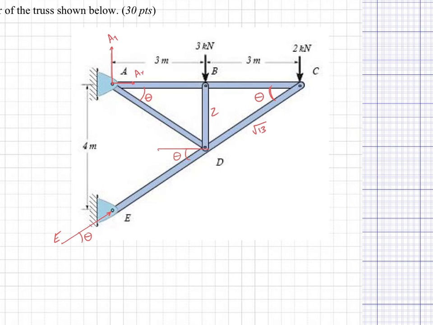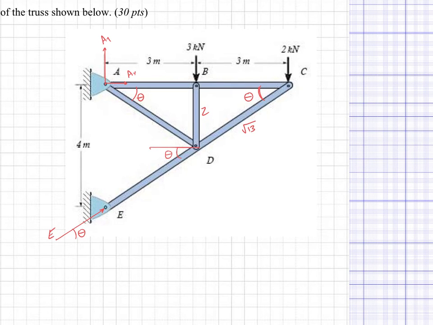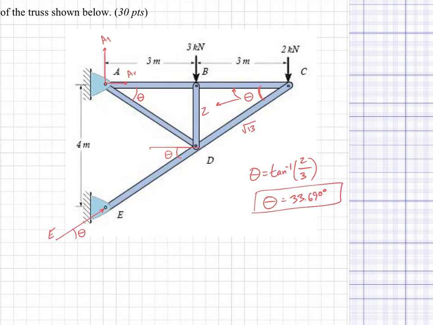It's the angle for this thing. So I'm going to do theta equals the inverse tangent of the opposite 2 over the adjacent 3. Okay, so theta equals 33.690 degrees.